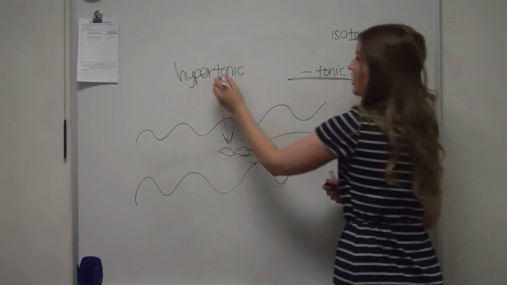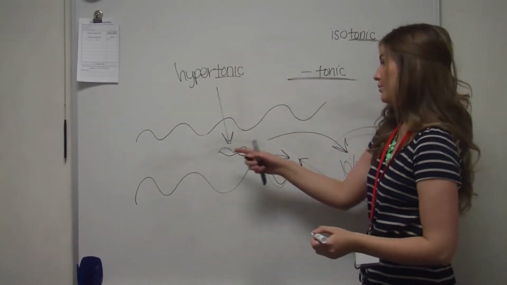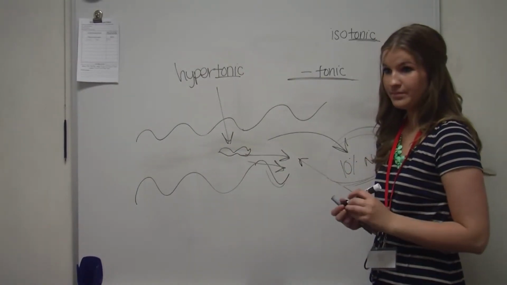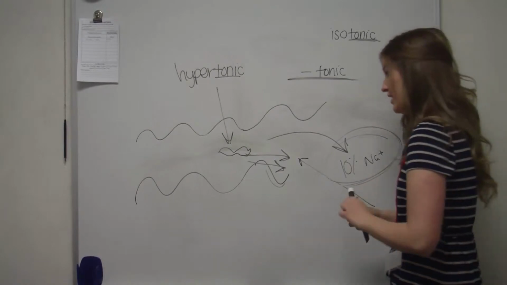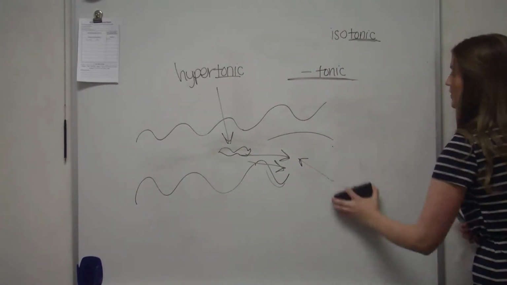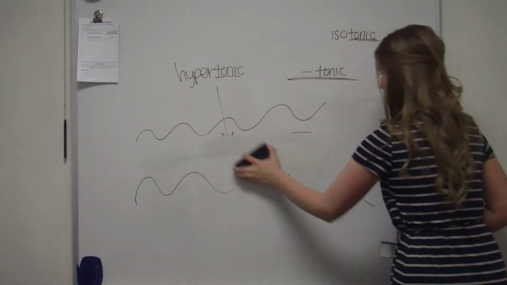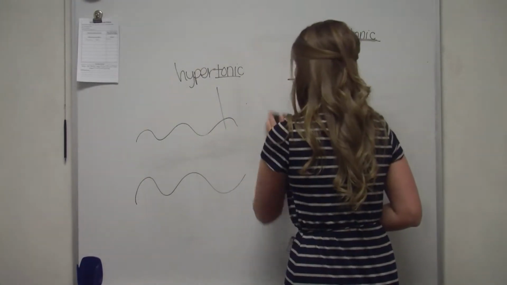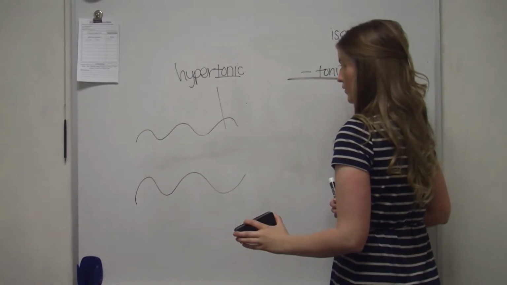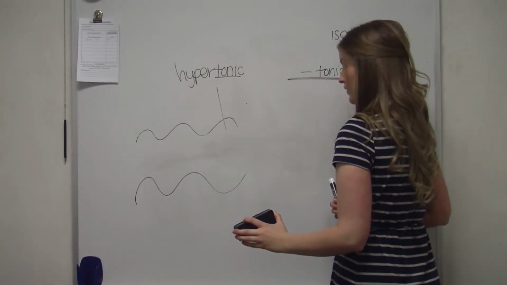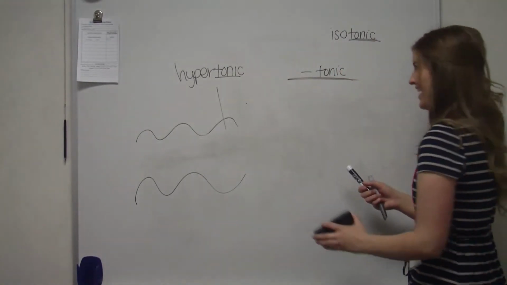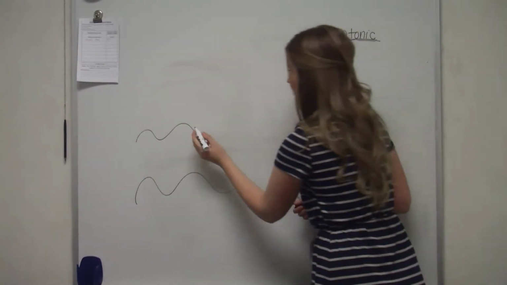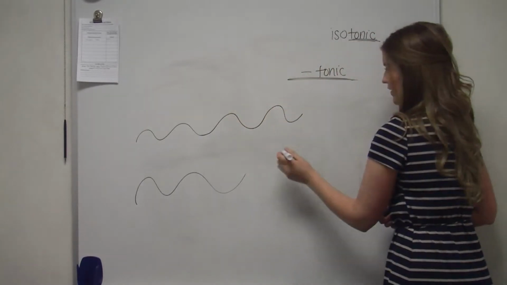So once again, we have tonic. We're comparing our blood cell to our solution, or our blood cell to our blood. Does that make sense? Okay, so then let's do the reverse. All right, so here's our blood cell.